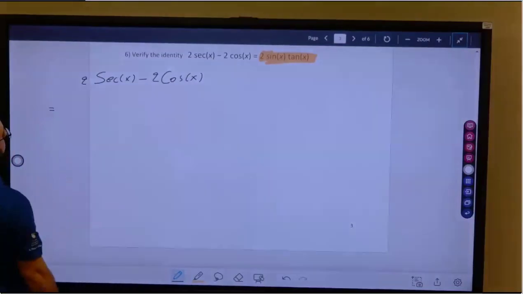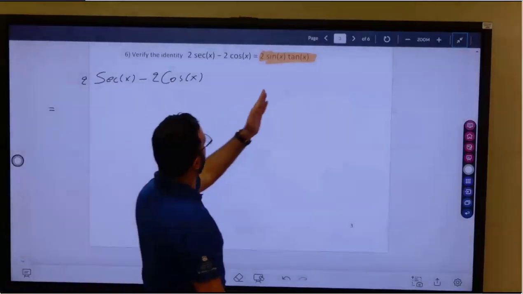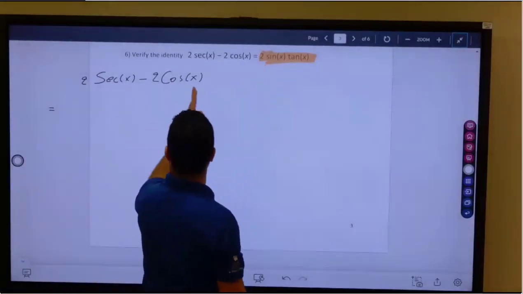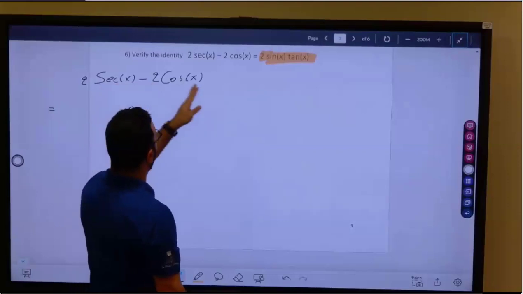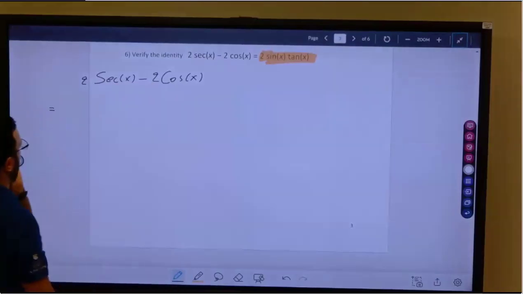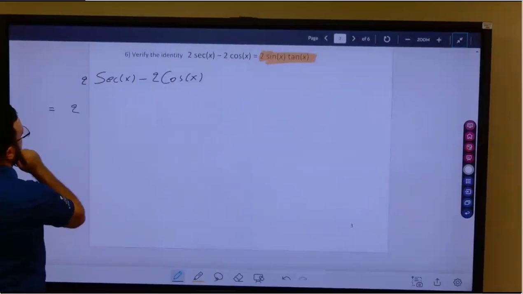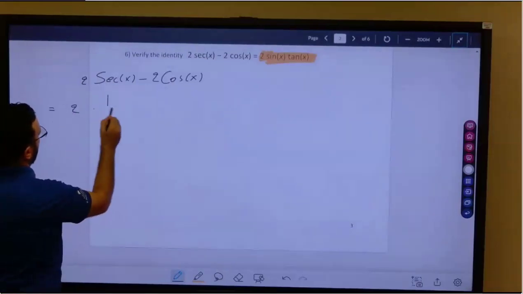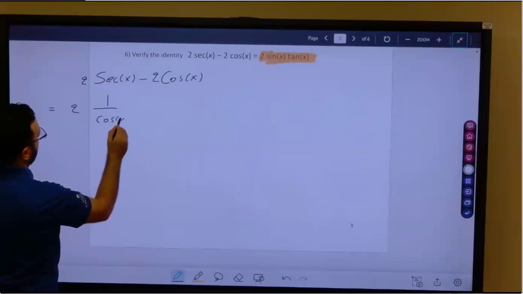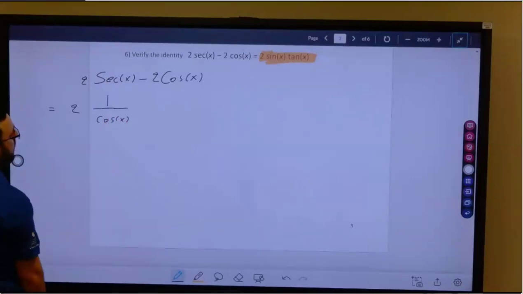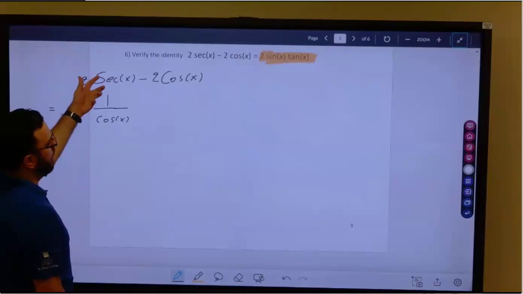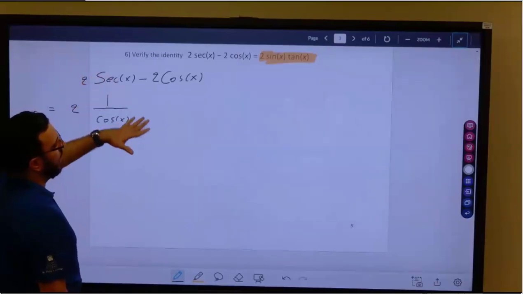Now let's think about this side. How are we going to simplify? First of all, my goal is to get tangent and sine, and I don't have sine here, I don't have tangent here. Secant is not squared, so I can't use one of the identities.